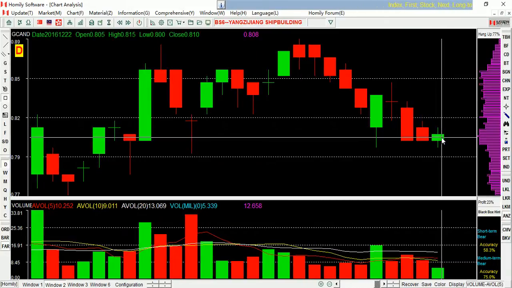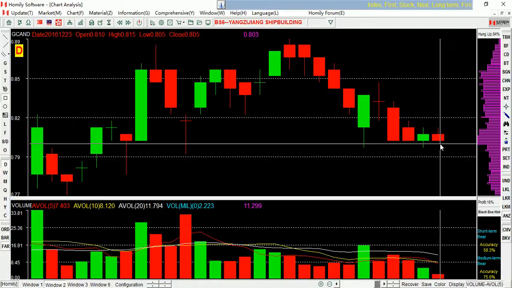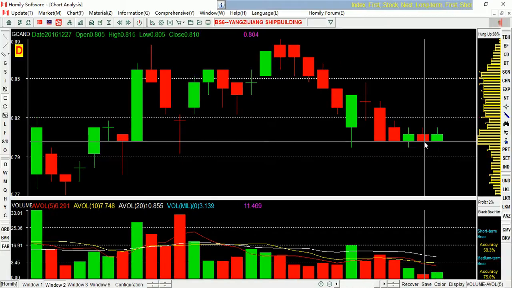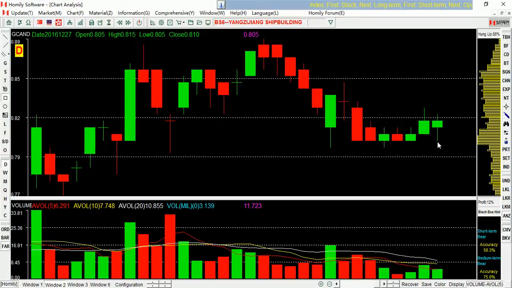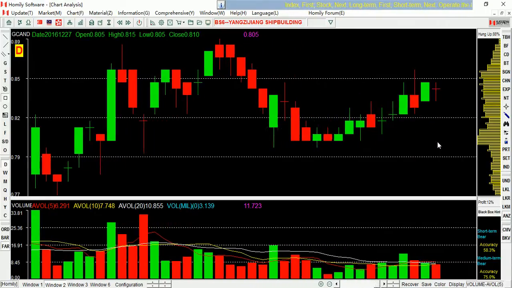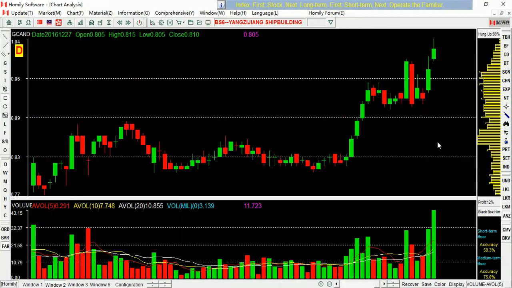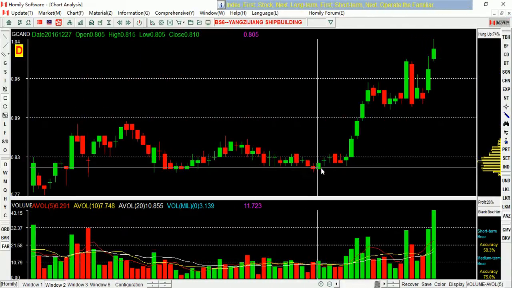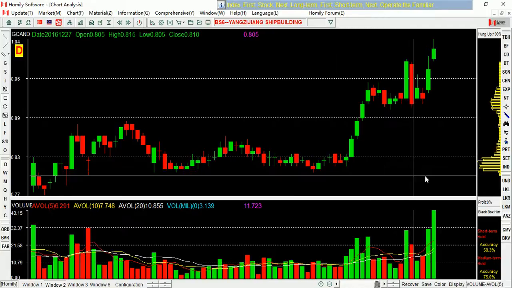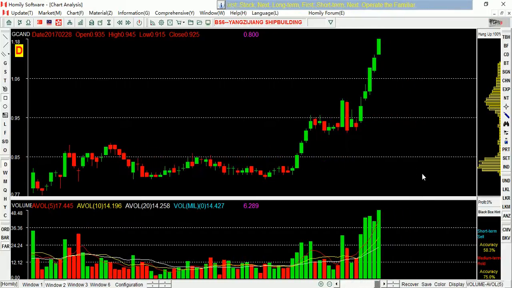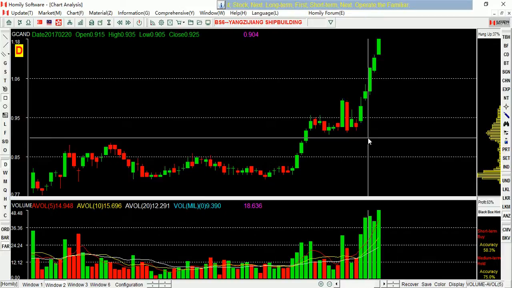Then purple turn to the yellow. Here still purple color. We wait and see. Purple turn to the yellow color, which means this is the buy point. Then we can buy stocks. Then we hold it. We keep it. We can earn a great profit. Then you can use this function to judge where is the buy price and where is the sell price.